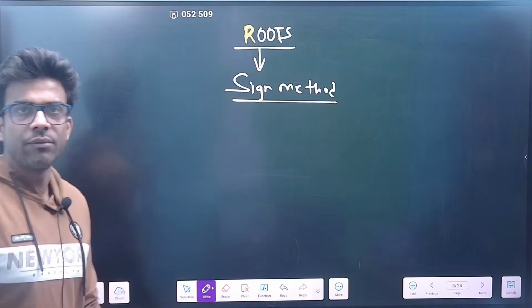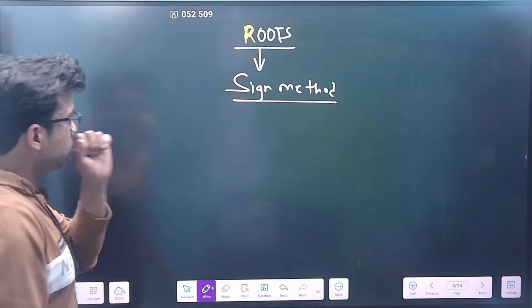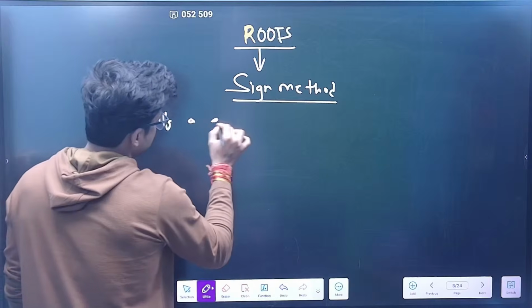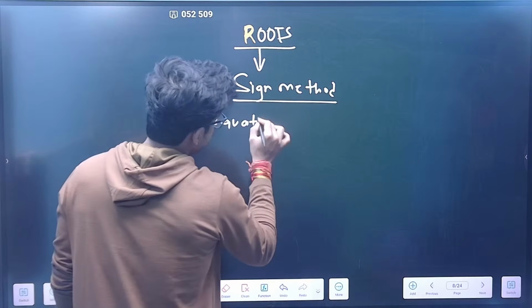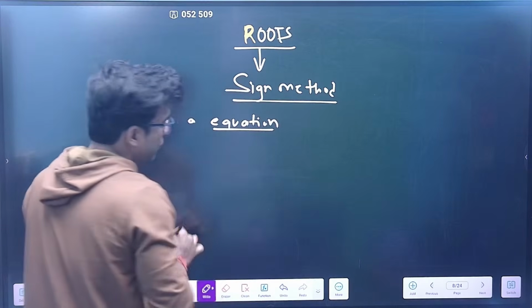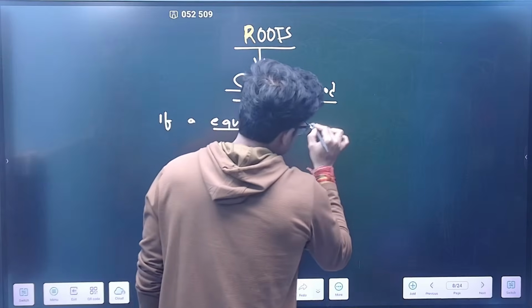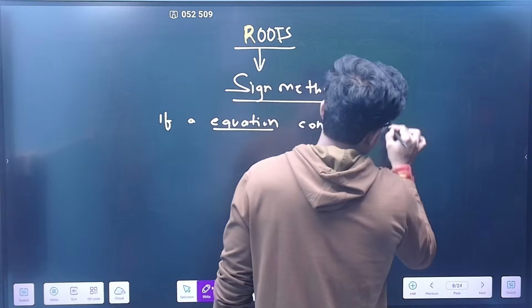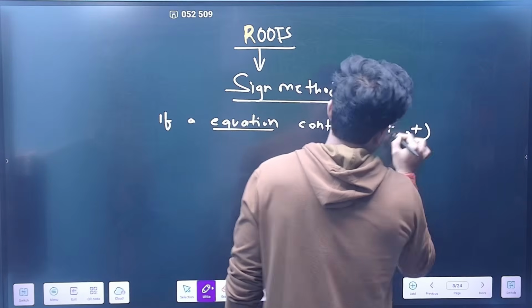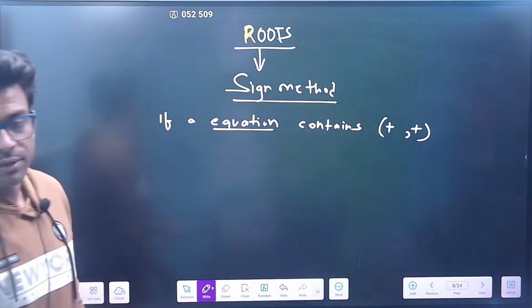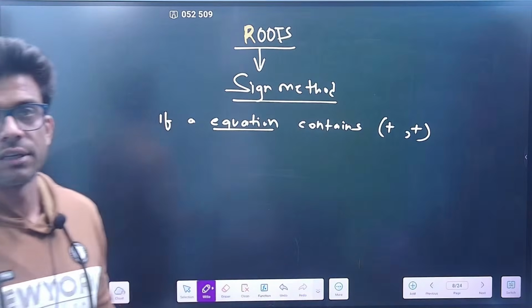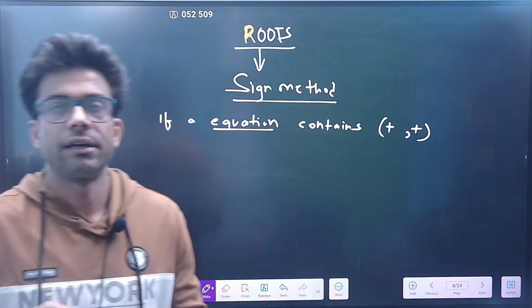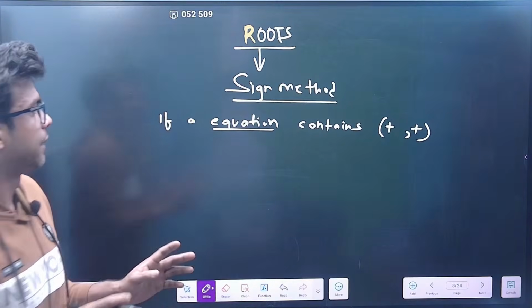That's the main motto. Okay, see guys, write down: if an equation, here the equation means the quadratic equation, contains both positive signs, both meaning they both have positive signs, then the roots would be negative.